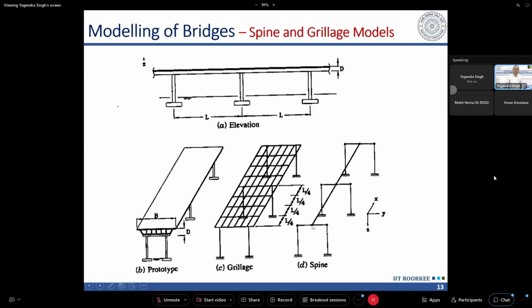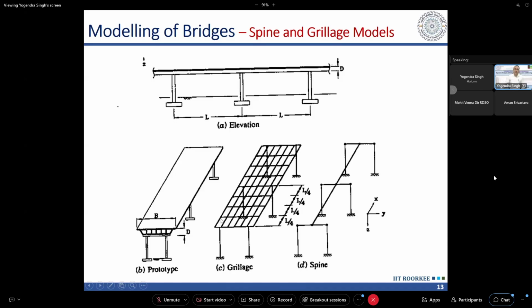and we can have a more improved model in which the superstructure is not represented by a single beam but a grid of beams, which we call grillage. So the beams are running in the longitudinal direction as well as in the transverse direction. So this model will be shown today in the afternoon session in more detail, where a bridge will be modeled using this grillage.